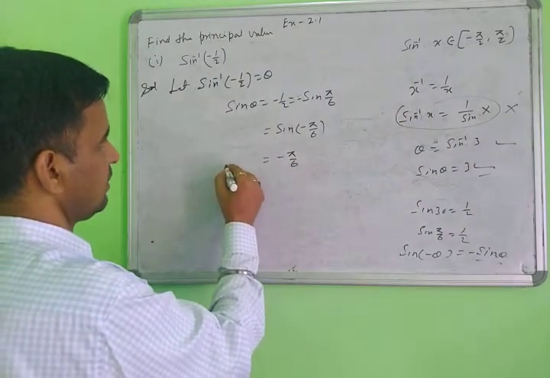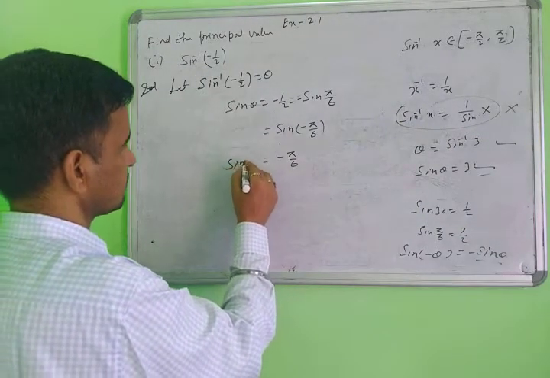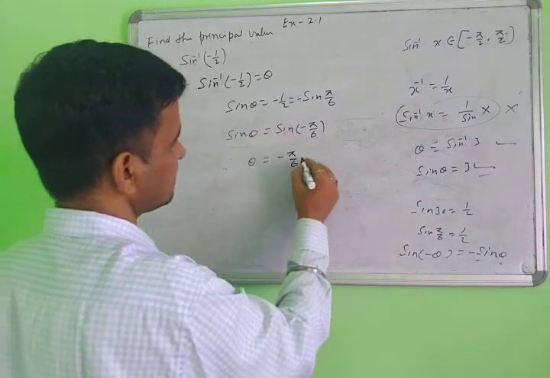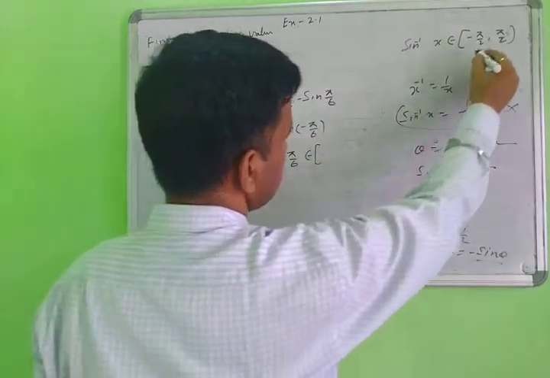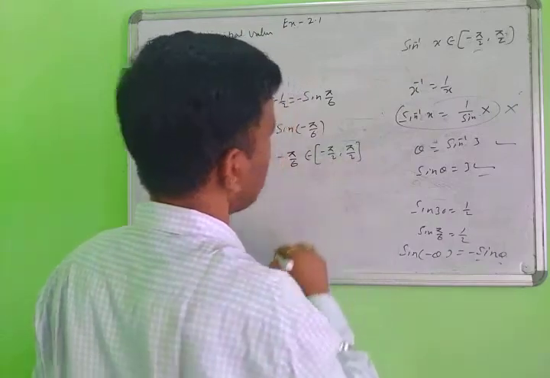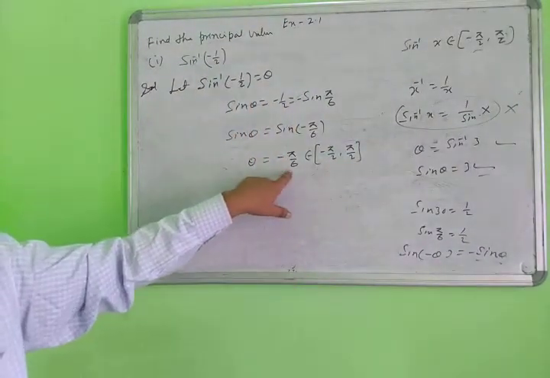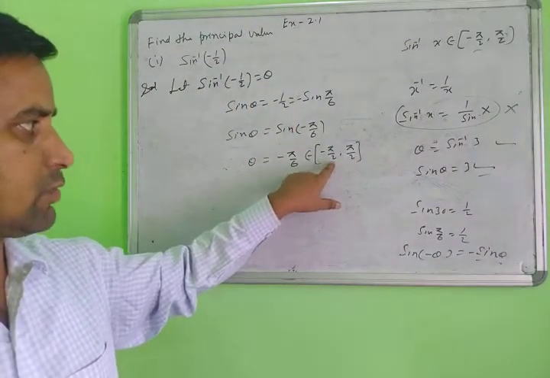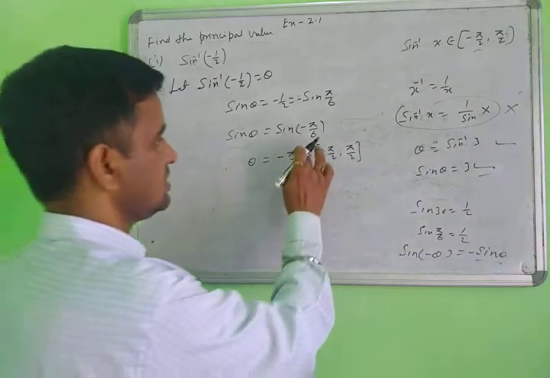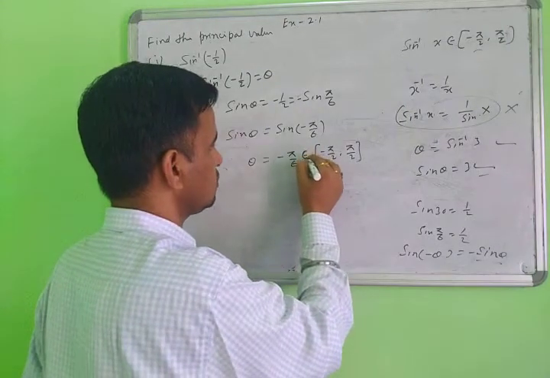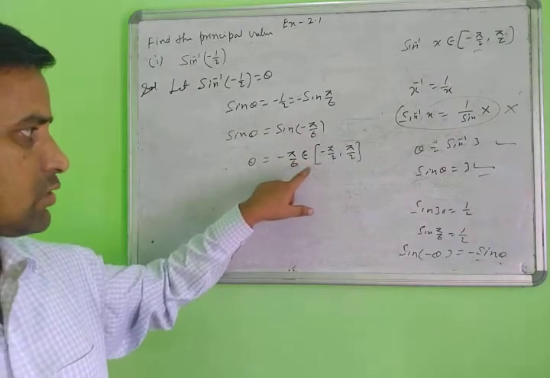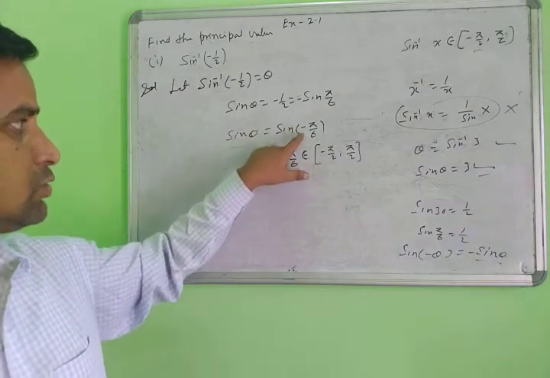This is sine theta. What value of theta here? Pi by 6. And this belongs to the condition minus pi by 2 to plus pi by 2. Minus pi by 6 belongs to minus pi by 2 to plus pi by 2. Otherwise, if pi by 6 is not coming in this range, then we can reduce the minus sign.